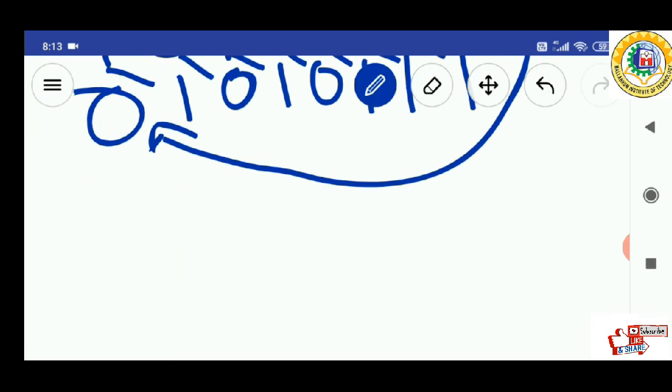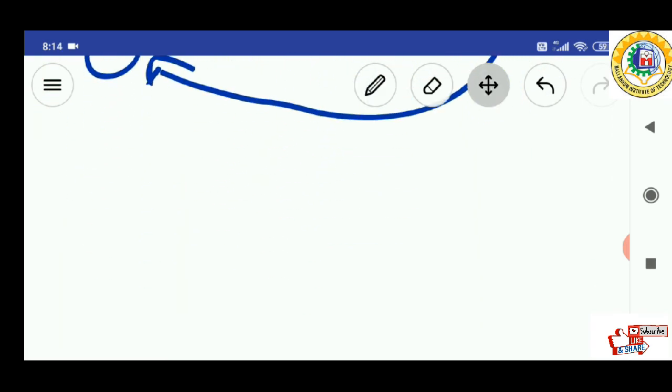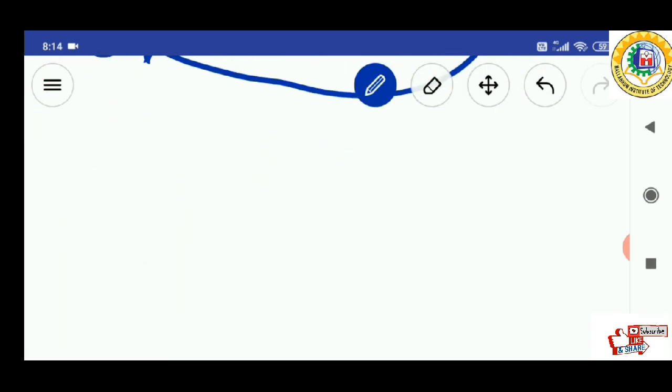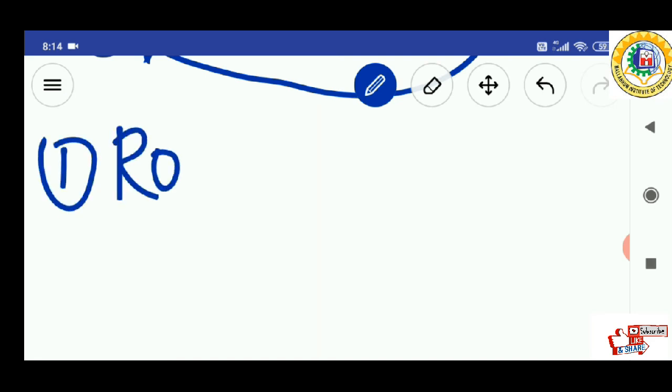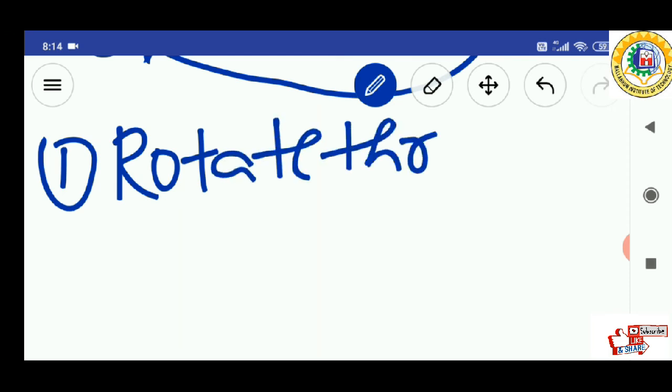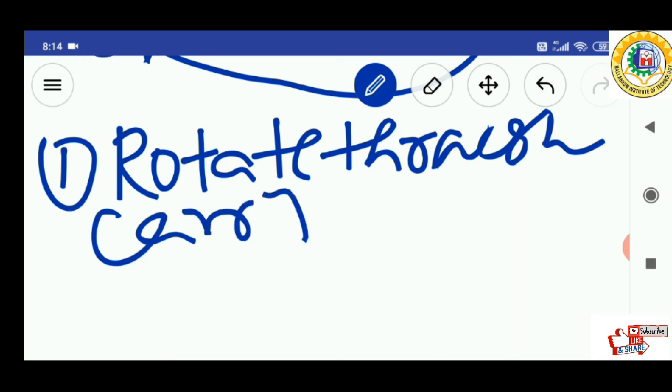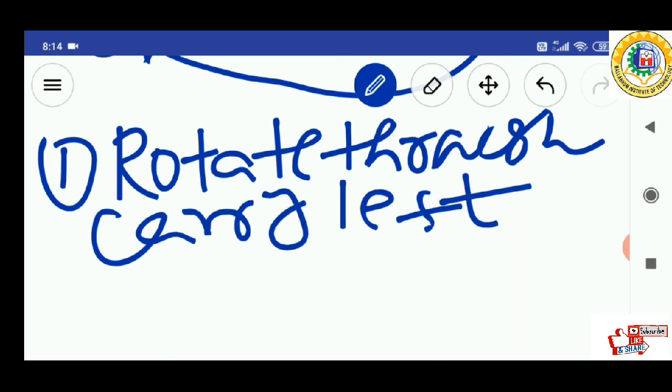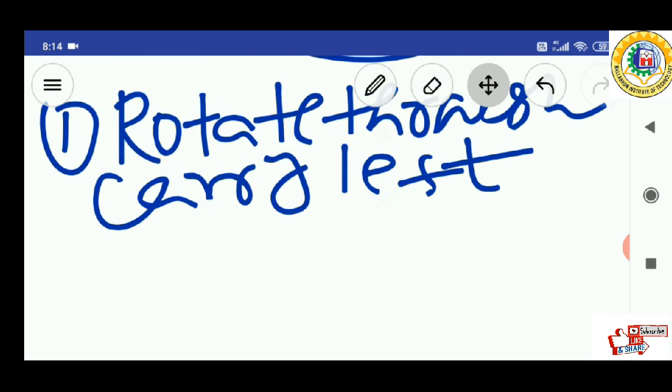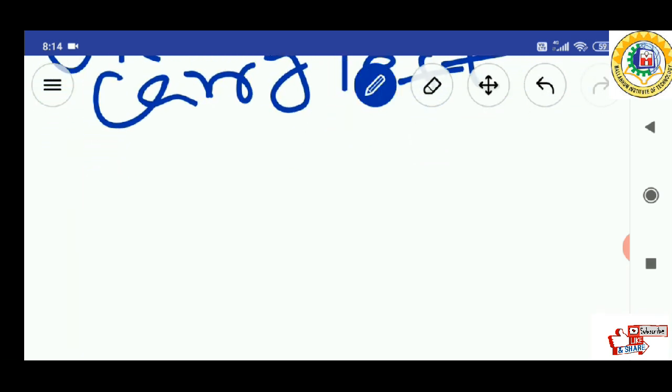And next we will discuss another important thing, that is rotate through carry left and rotate through carry right. In this operation, suppose this is your data.